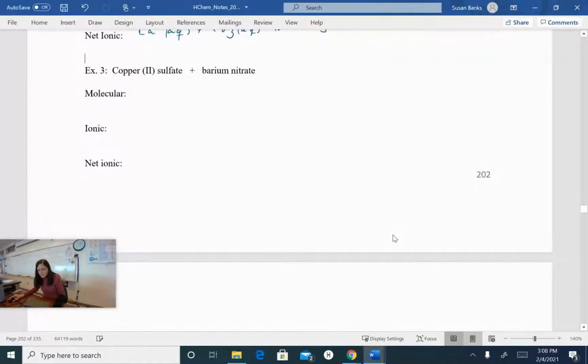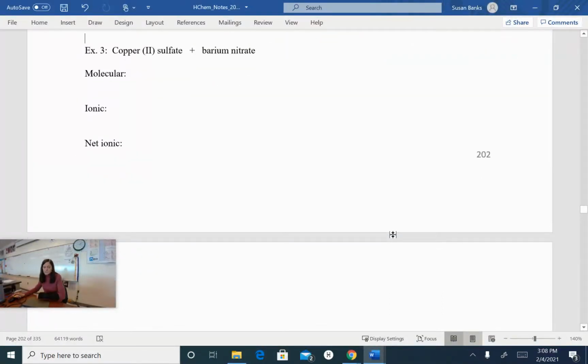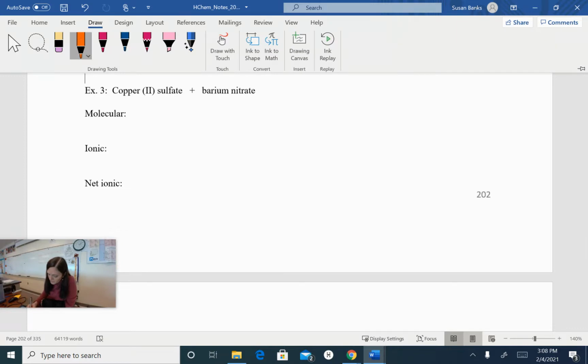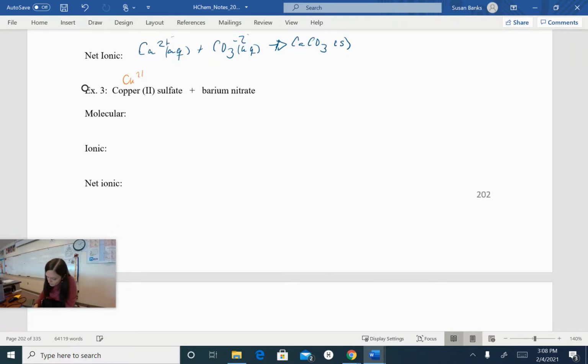We've got copper 2 sulfate and barium nitrate. So that 2 tells us a little bit about that copper, doesn't it? It tells us that the copper is positively 2 charged. So we have copper +2, and sulfate, if you remember, is SO4 -2. So that's going to get together in a 1-to-1 relationship.